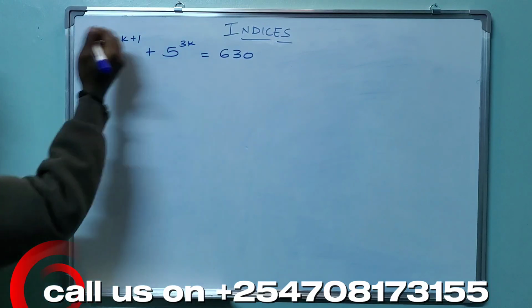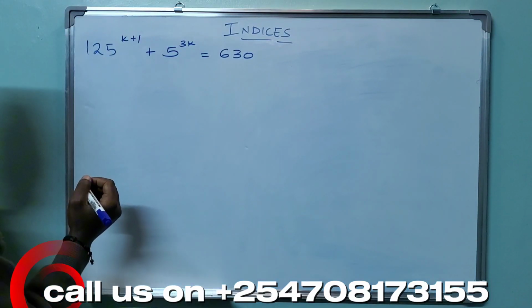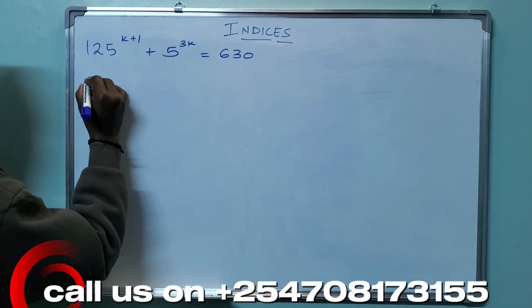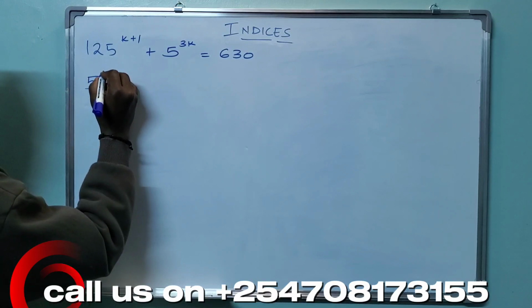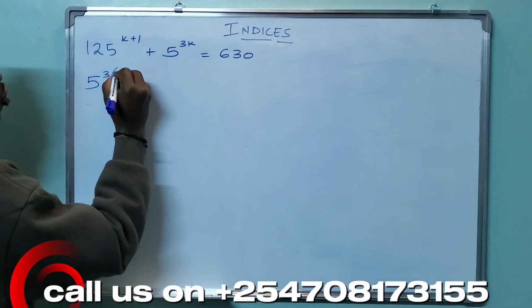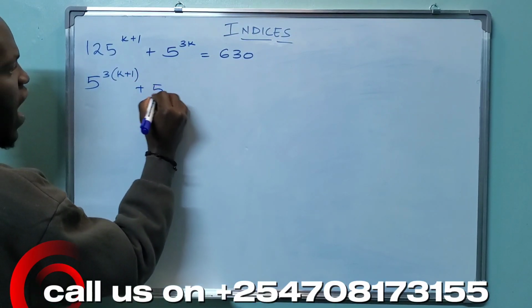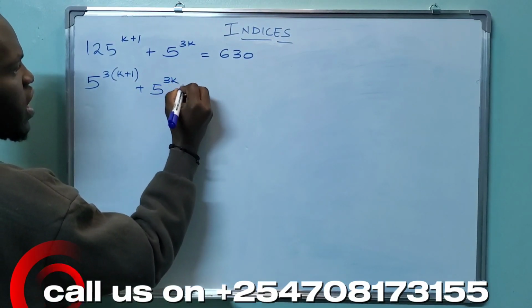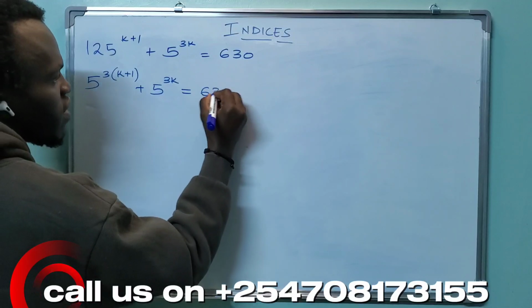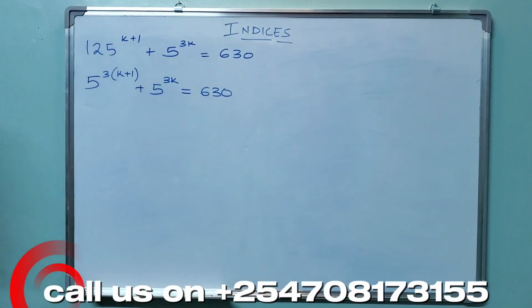So let us start. 125 to base 5, that is going to be 5 raised to power 3 into k plus 1, plus 5 raised to power 3k being equals to 630. Now, let us open up the bracket.